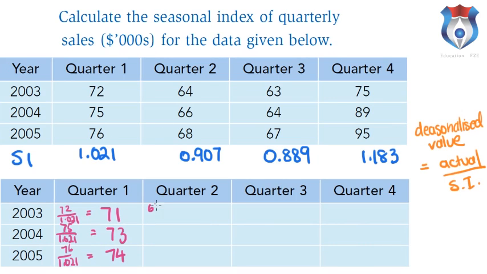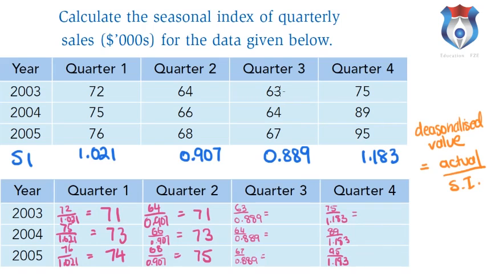Over here, my 64 becomes 64 divided by 0.907, 71. For this 66 divided by 0.907, I will get 73. And the 68 divided by 0.907 becomes 75.